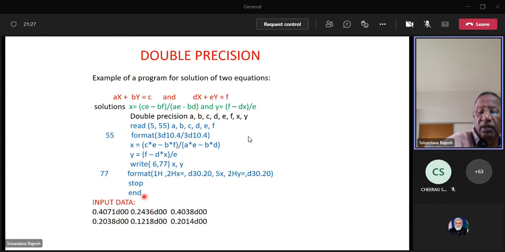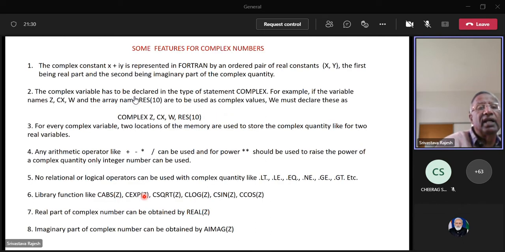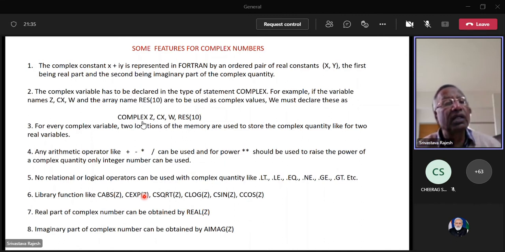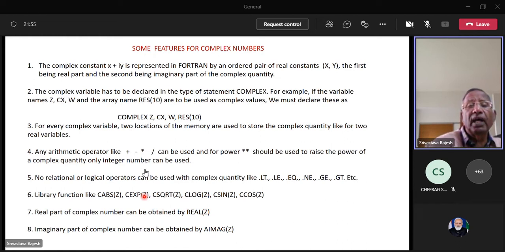Now, I have not told you about how to handle the complex number. So complex number is very important. Maybe a few years back, when I was studying, you had to do complex calculation as a separate real calculation.